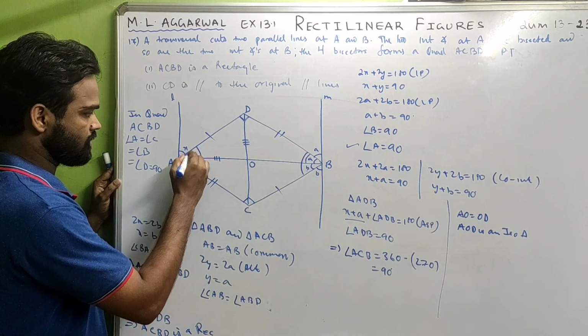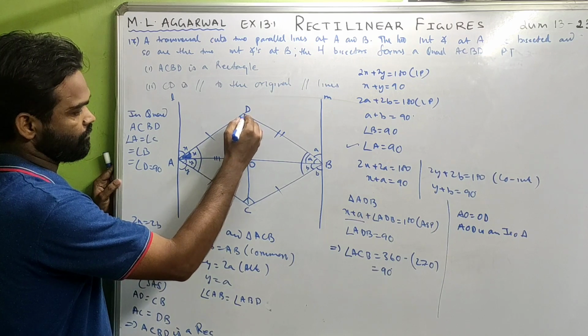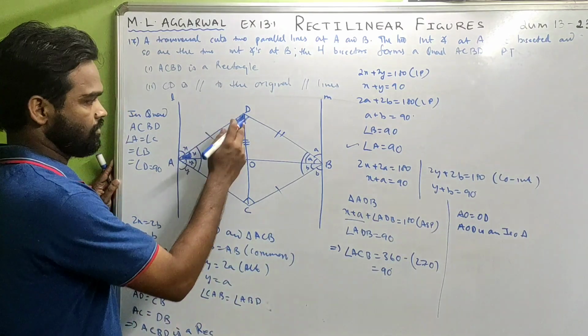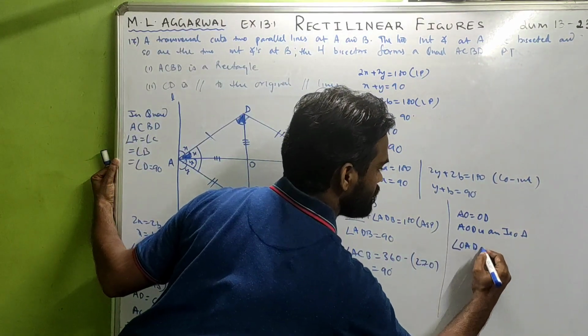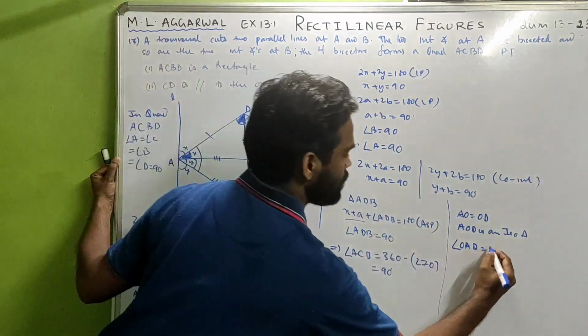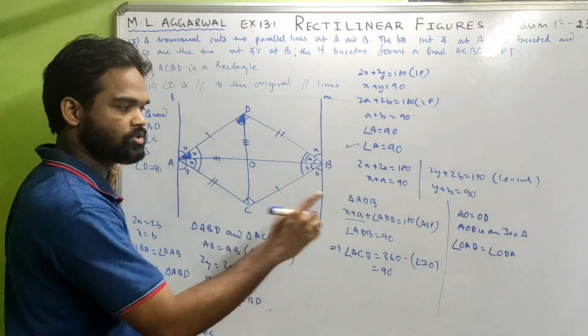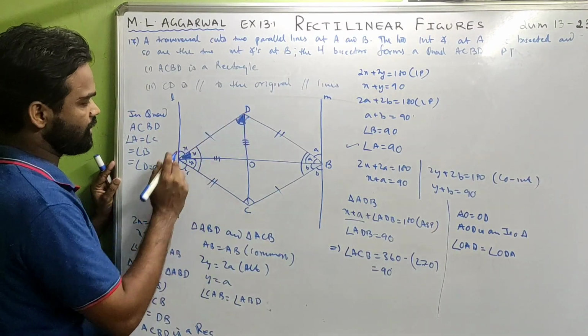So this angle and this angle will be equal. Angle OAD is equal to ODA, angles opposite to equal sides.